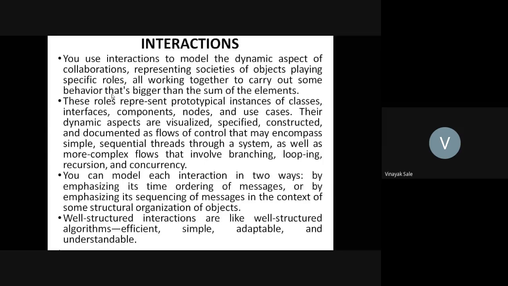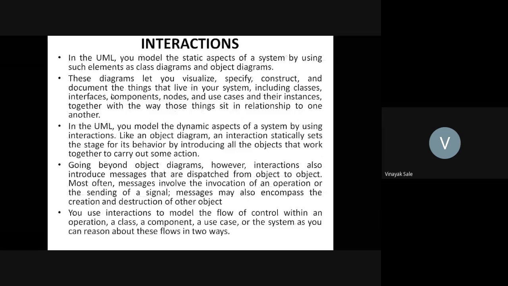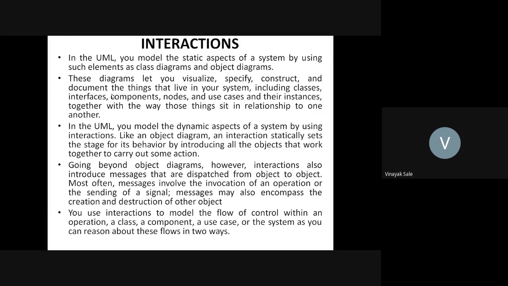In the UML, you model the static aspects of a system by using elements such as class diagrams and object diagrams. These diagrams let you visualize, specify, construct, and document the things that live in your system, including classes, interfaces, components, nodes, and use cases and their instances, together with the way those things sit in relationship with one another.